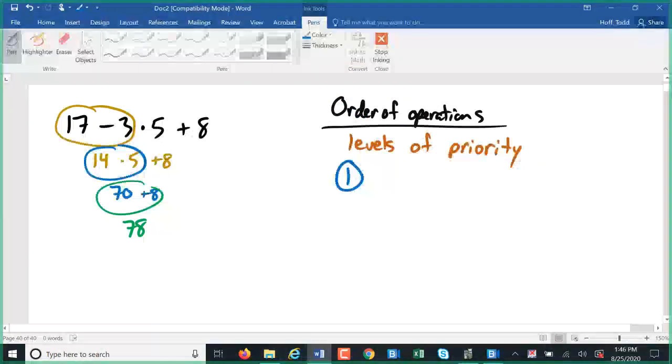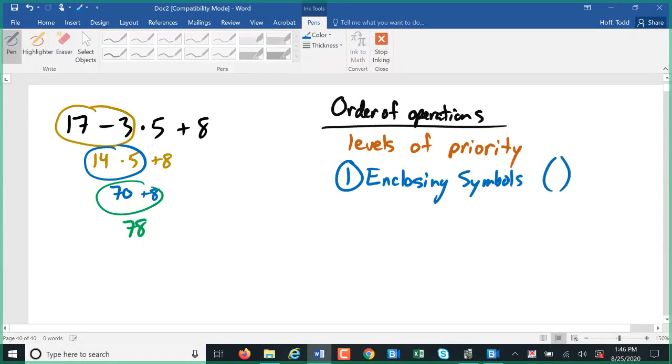And most of you are fairly familiar with the steps. These might look slightly different than what you've seen. But the first step is something called enclosing symbols. Now, many of you have heard this said as just parentheses. And parentheses are the main type of enclosing symbol we see. But there are several other types of enclosing symbols that we will encounter as we do sample problems.